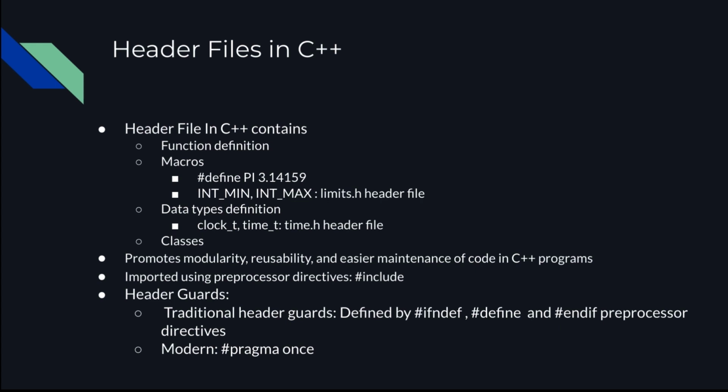Also, there are some predefined macros like INT_MIN and INT_MAX, which are defined in the limits.h header file, so we can use these without actually declaring them. Header files also contain predefined data types like clock_t and time_t, which are defined in the time.h header file.